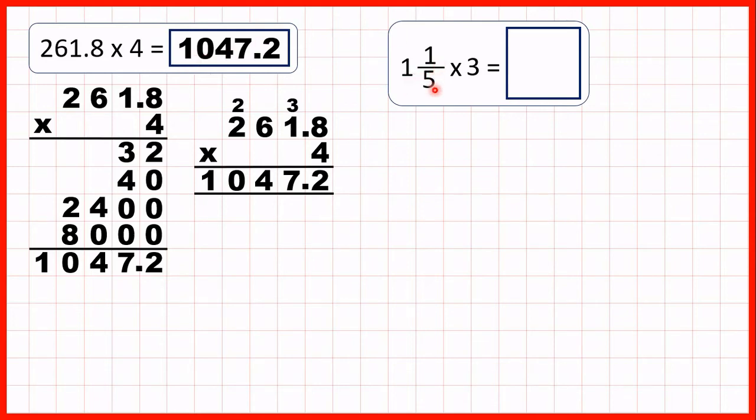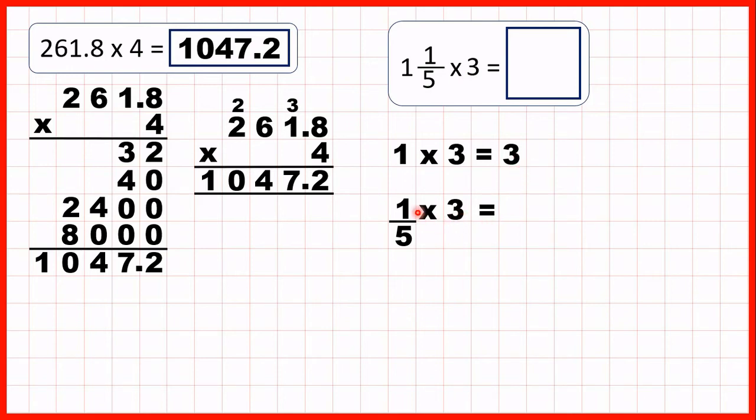1 1/5 times 3. The way I like to multiply a mixed number by a whole number is to multiply the whole numbers together, then multiply the fraction by the whole number, then add up the answers. So 1 times 3 is 3, so we can work out 1/5 times 3 and then add up our answers.